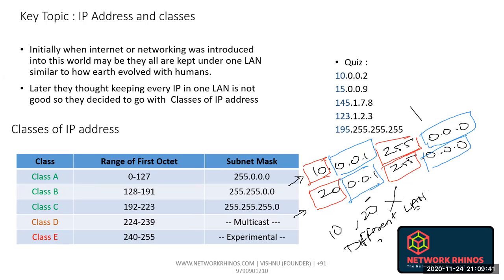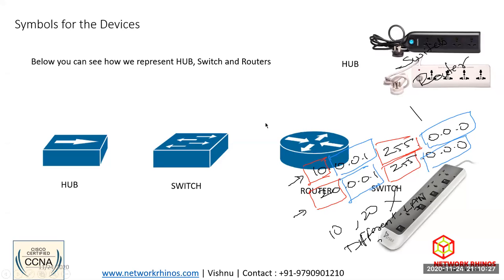So whenever you want to connect same LAN network devices, you have to use a device called switch. And whenever you want to connect different LAN network IPs, you have to use a device called router. So I hope you remember yesterday's topic. In last class, we saw the difference between hub, switch, and router, right?